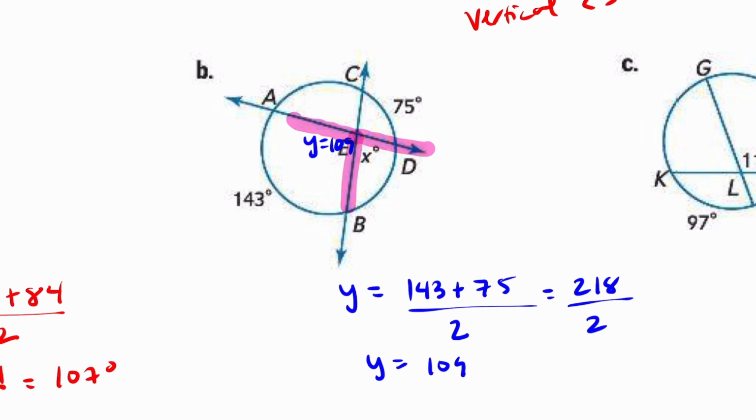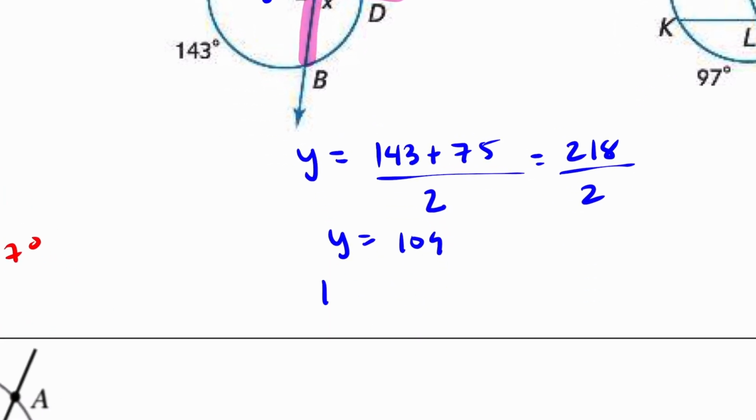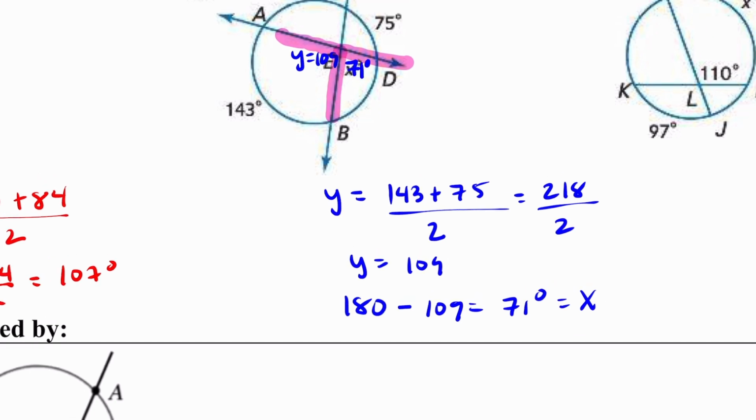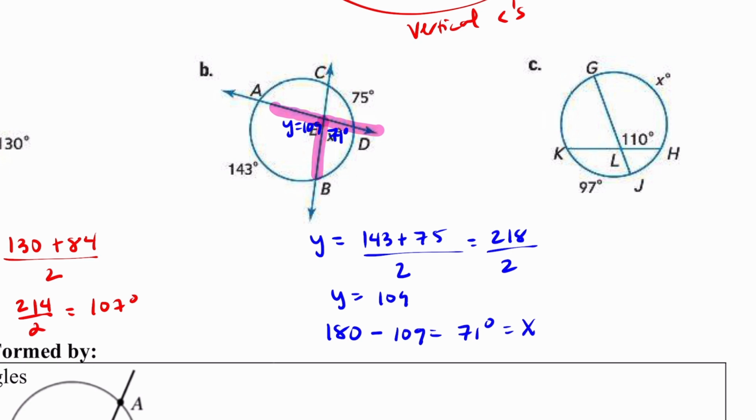So all I need to do, y'all, is 180 minus 109, which equals 71 degrees. So this here is not y, this is x. This here is 71 degrees. Okay, so that's the play to make when trying to figure out B.